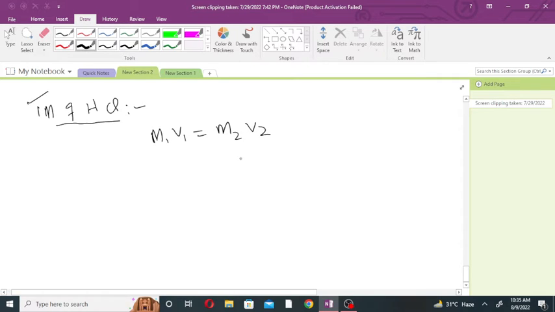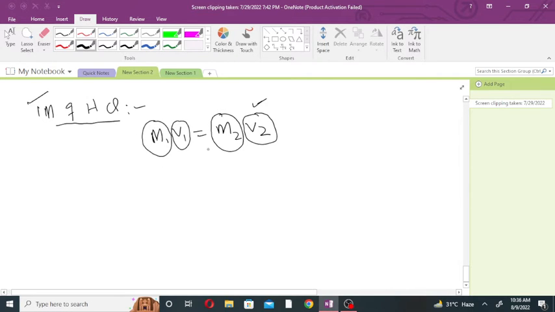M2 is the concentration of the solution which we are going to prepare, so this is the concentration of our final solution. This is the volume of our final solution, which we are going to determine, and M1 is the molarity of the acid, and V1 is the volume of acid.